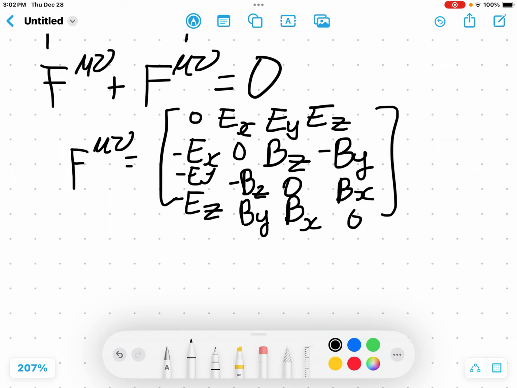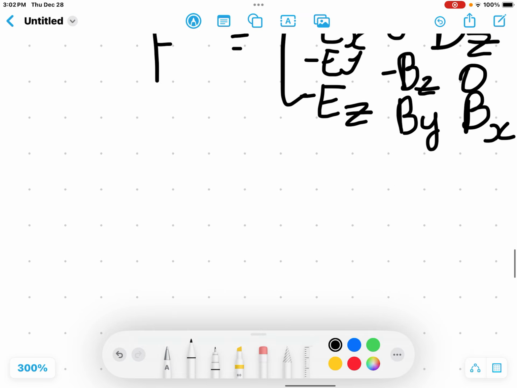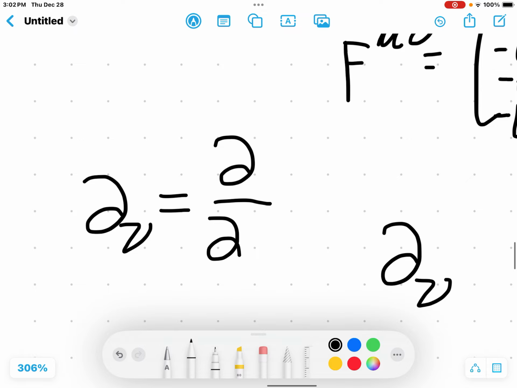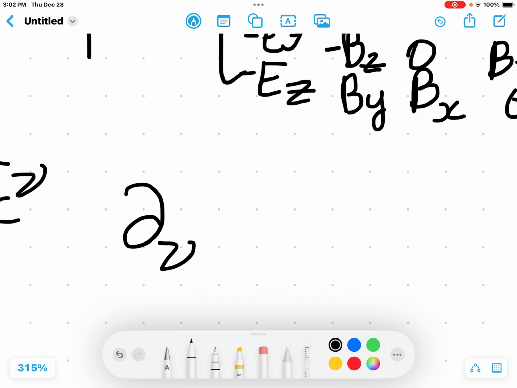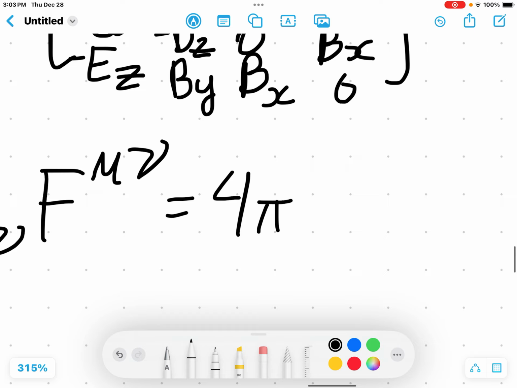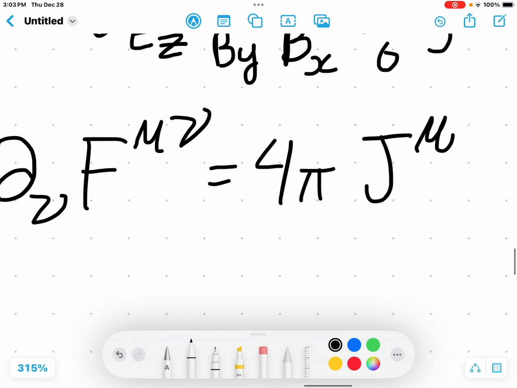And in fact, when we take its derivative with respect to the new components, d nu, recall that d nu is basically d by dx nu. So d nu of F mu nu is equal to 4 pi j mu, the mu component of j.